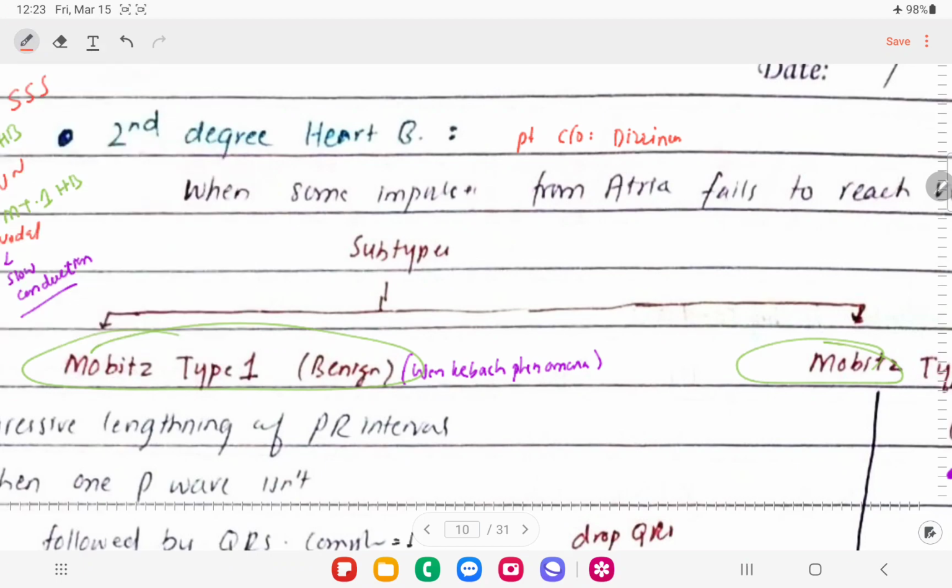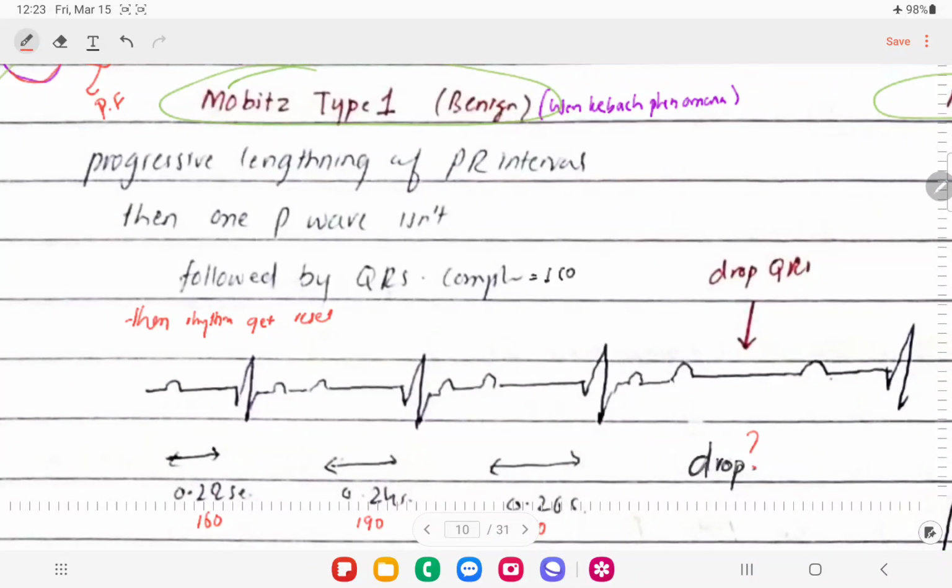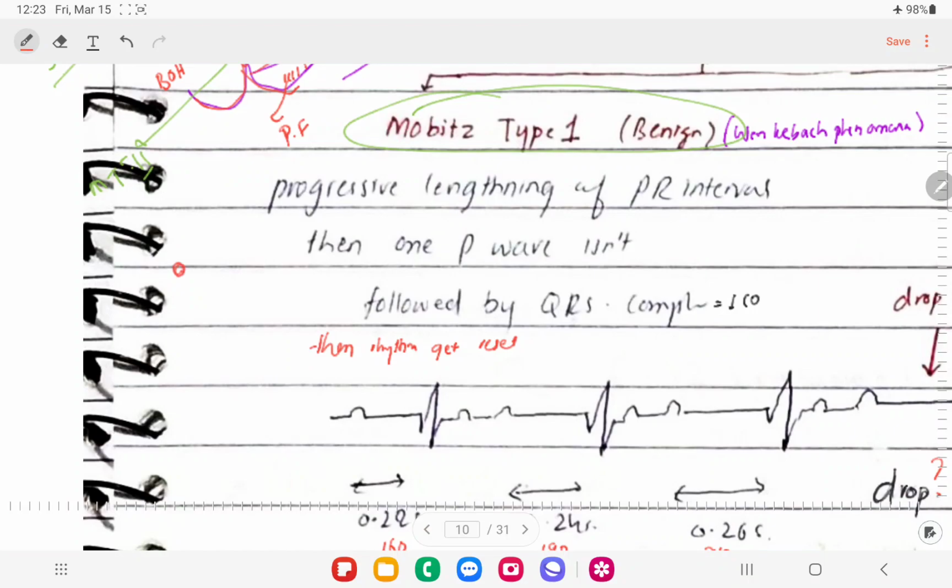Basically the patient is going to complain of dizziness. In Mobitz type 1 heart block, if we check the ECG, the problem will be in the AV node. We have the SA node, then the AV node, then the bundle of His, right bundle branch and left bundle branch. There won't be complete dysfunction of the AV node, but there will be partial dysfunction.